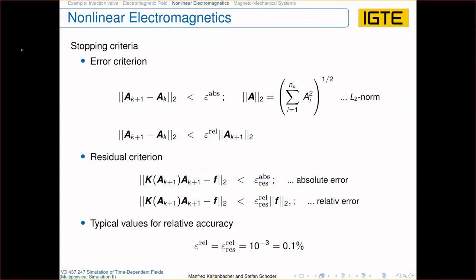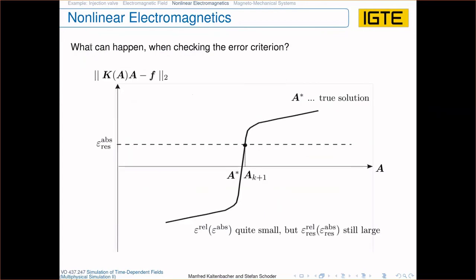Now let's have a look at what can happen when you use just one of these error criteria. For example, you just check the error criterion, and we have a nonlinearity which is shown in this graph here, meaning that here you have a very strong slope.